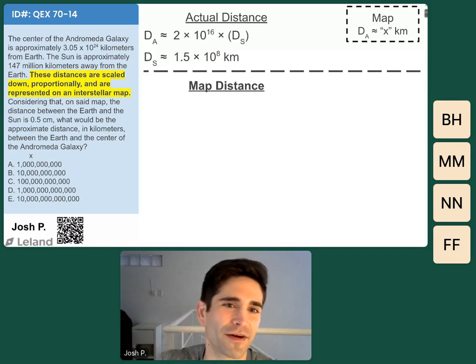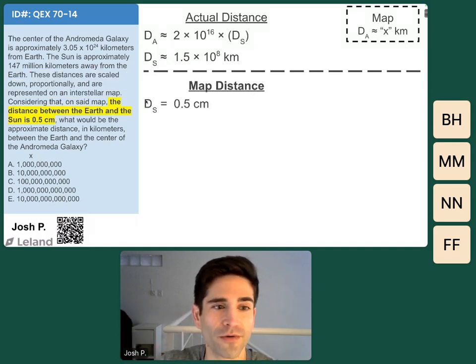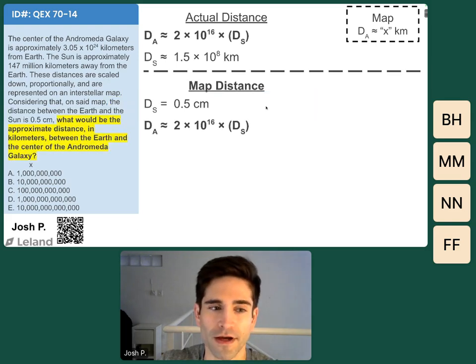All right. So we know that on this map, the distance to the sun is 0.5 centimeters. Now we know that the distance to Andromeda is approximately 2 times 10 to the 16th times the distance to the sun.